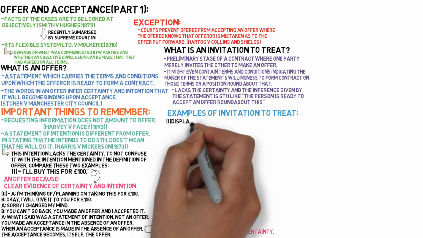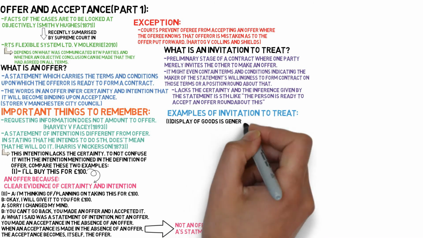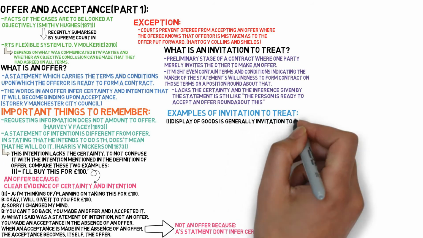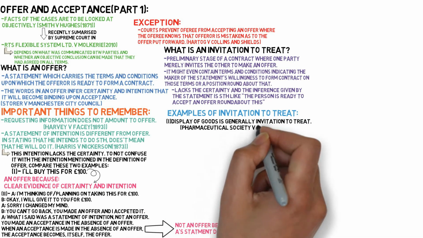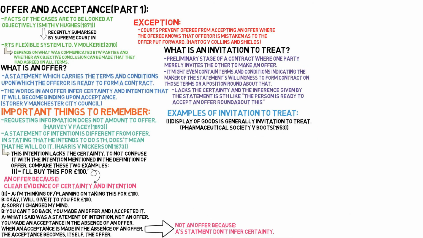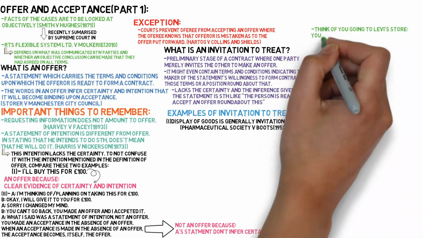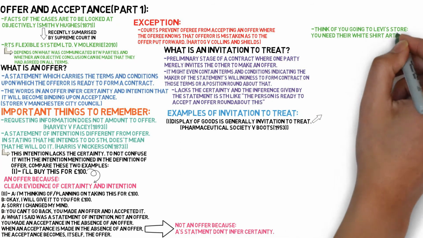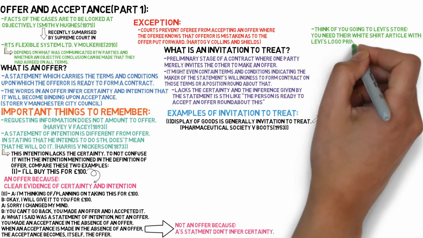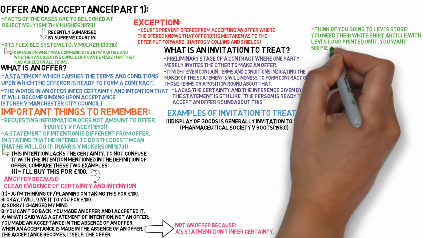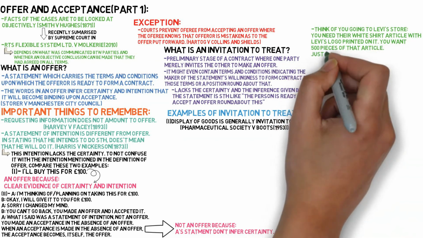First is display of goods, which is generally invitation to treat, as seen in Pharmaceutical Society vs. Boots from the year 1953. Elaborating this example with a more practical and relatable situation, think of yourself going to a Levi's store. You need their white shirt article with the Levi's logo printed on it. You want 500 pieces of that article.